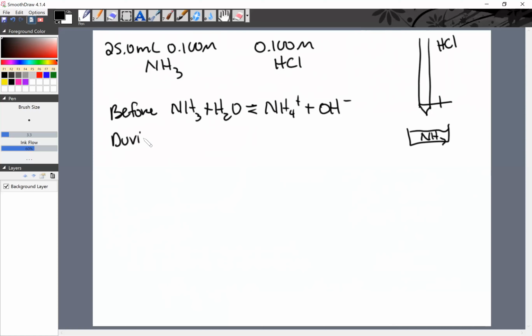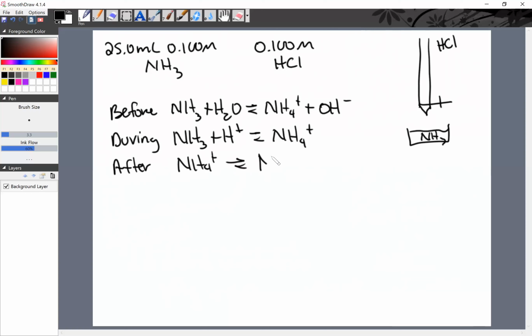During, I will be dripping in strong acid, and the ammonia will react with it to make ammonium. And when I am done, my ammonium will react with the water to go back to ammonia and a proton. All right, so before I even start, those are the equations that I know I'm going to be using. All right, let's jump in.